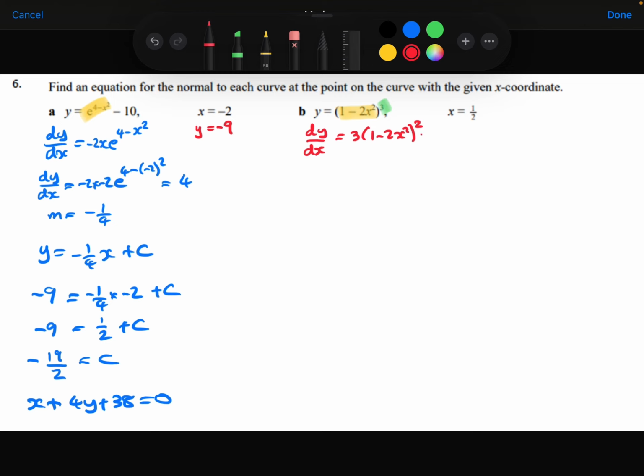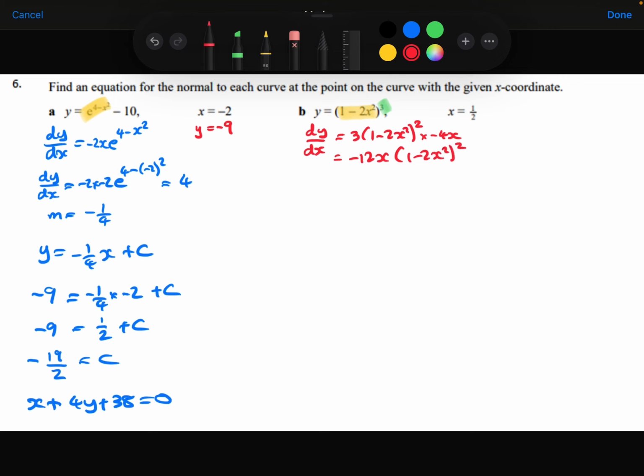And then by the chain rule, we have to multiply this by the derivative of the inside function. So when we differentiate 1 minus 2x squared, we're just going to get minus 4x. And that's going to simplify to be minus 12x (1 minus 2x squared) squared.